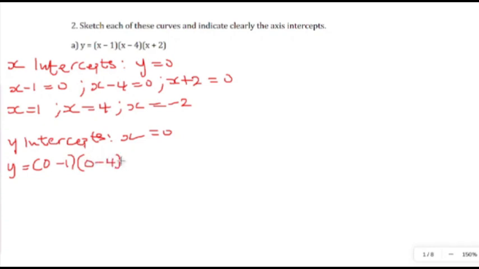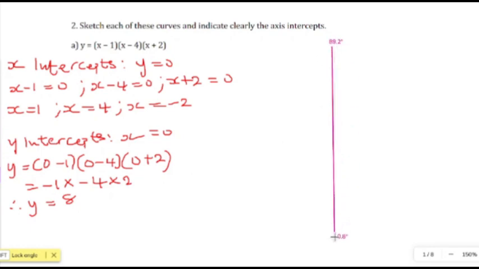So minus 1 times minus 4 times 2. We see therefore that the y-intercept will give us 8. So with this, we can now sketch our graph.